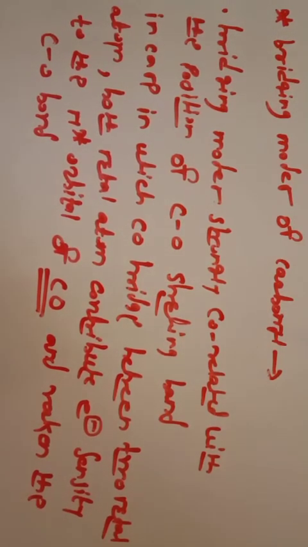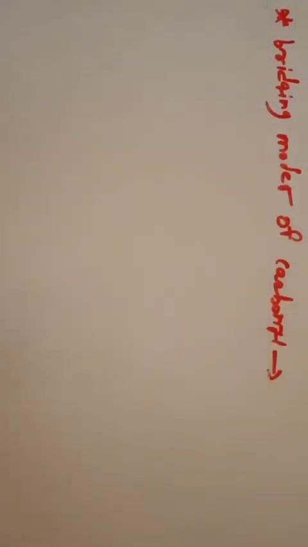The stretching frequency for doubly bridging carbonyl is much lower than the terminal carbonyl. The third important point is that, we know that as back bonding increases, carbonyl stretching frequency decreases.